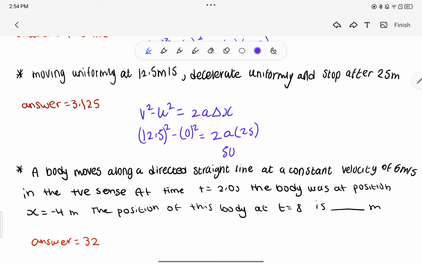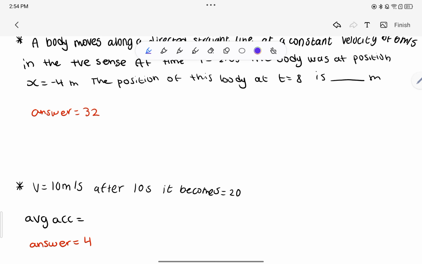So 50a equals what's 12.5 squared? 156.25 divided by 50. So a equals 3.125. Okay.